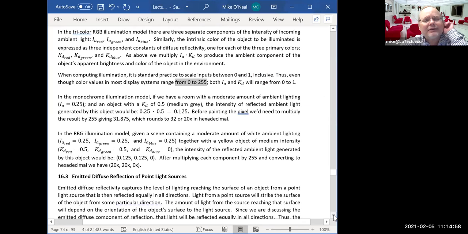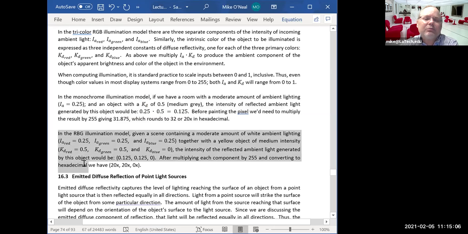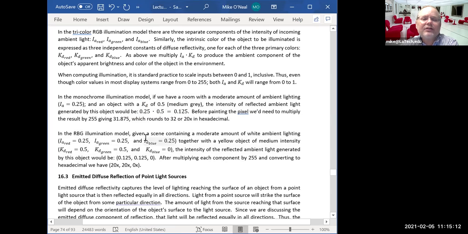And again, I give an example here, a monochrome example and a color example. In the color example, let's say that the scene has a moderate amount of white ambient light. So the background lighting is white light, which means our red, green, and blue components are going to be equal.